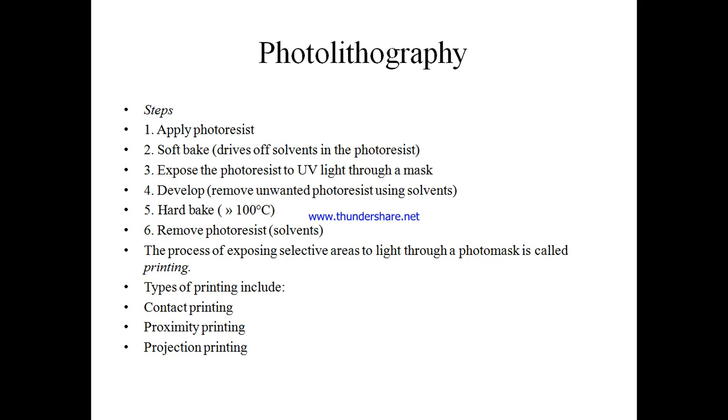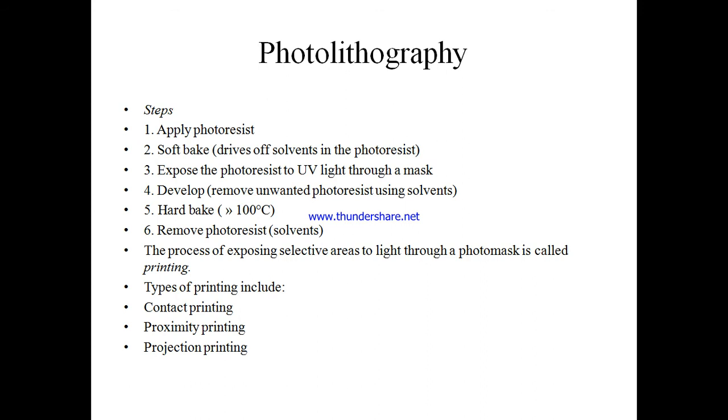That means by using a masking layer, UV rays are applied on the substrate material. And next one is the develop, that means removing the unwanted photoresist layer using solvents. And next up is the hot bake, that is greater than 100 centigrade. And the next step is to remove the photoresist layer by using solvents.